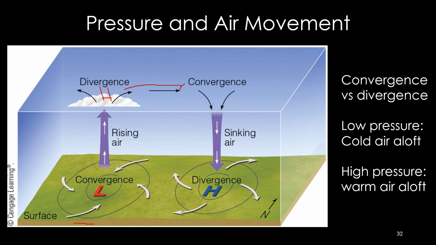It's moving over to a low pressure. That air converges or comes together. It's cooling and it's sinking. As it sinks, we then have a high pressure system at the surface. And at the surface, that air has to go somewhere, so it diverges away from itself.